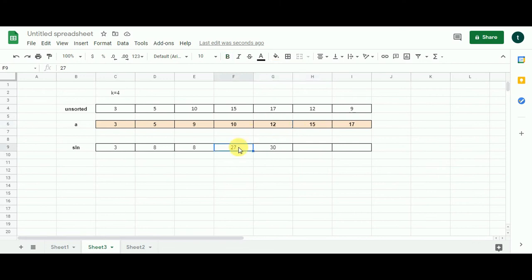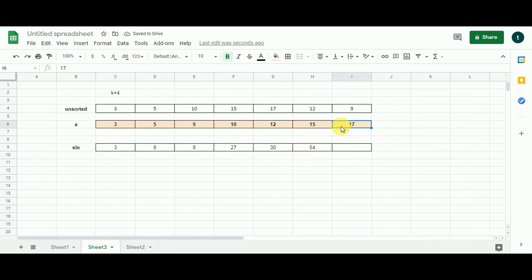So the number that we are going to get as a result of this addition will be 54. This is one of the candidates and the other candidate is 30. So between 30 and 54, which is greater? Obviously it's 54.